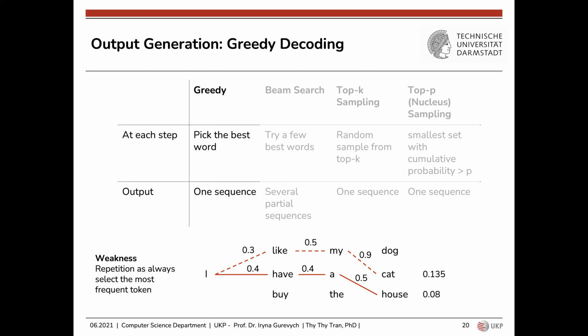But we can go back to the first step. If we choose like as the first token, then after that, we have the sequence I like my cat, which has the higher overall probability of 0.135. So the pick at the first step affects the whole sequence after, leading to a sequence with lower probability.